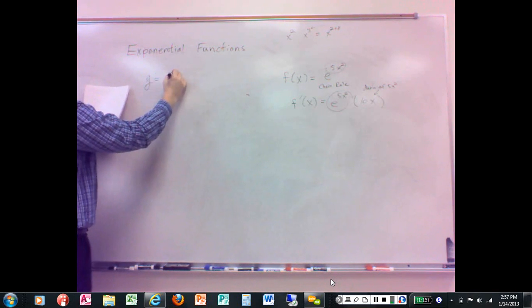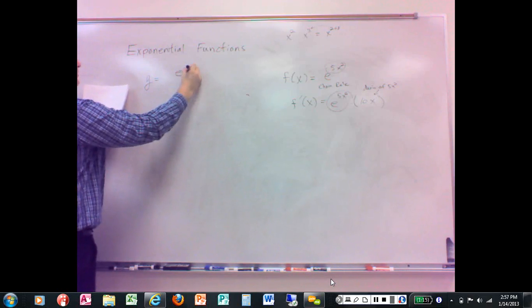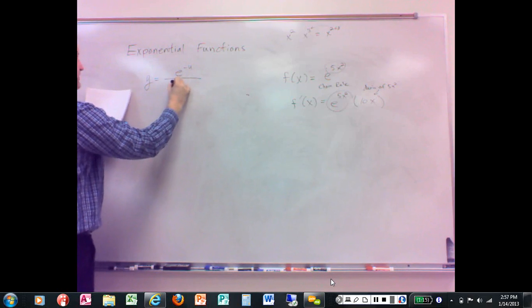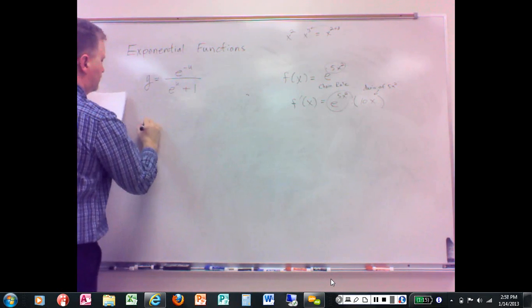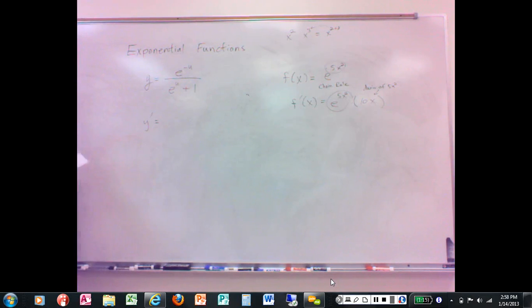All right, so let's say we've got y equals e to the minus u over e to the u plus 1. What's the derivative? Well, first of all, what should I use there? What rule? Quotient. Yeah, I got to use a little quotient rule here.